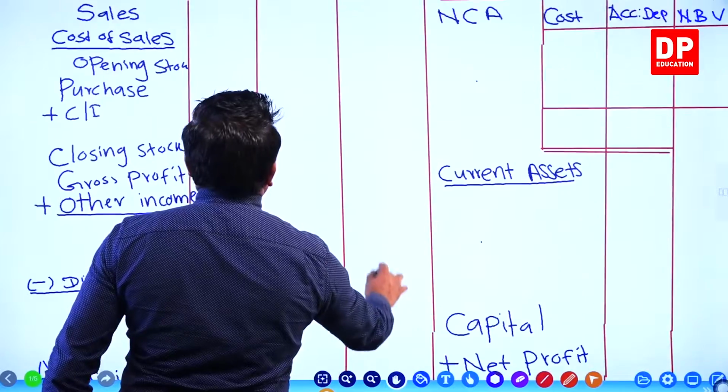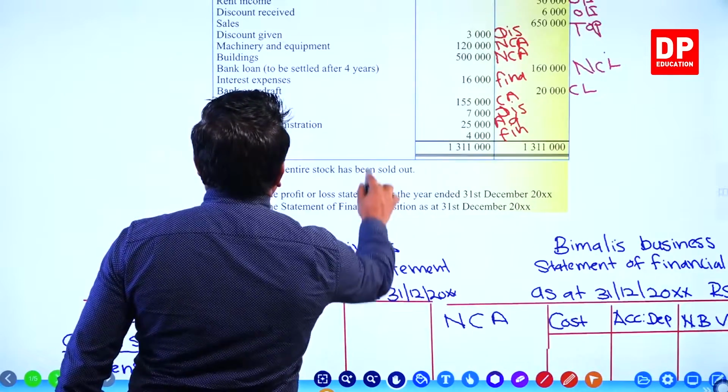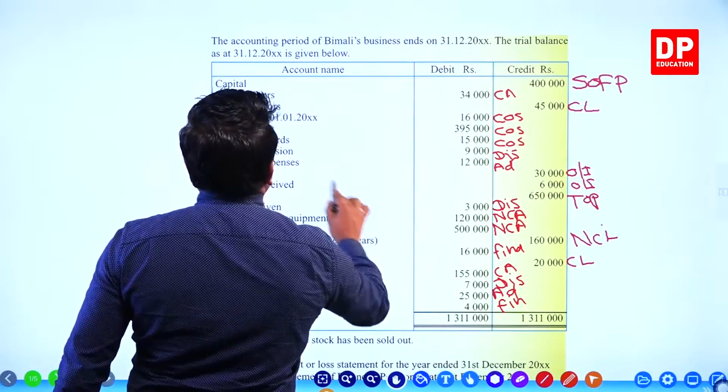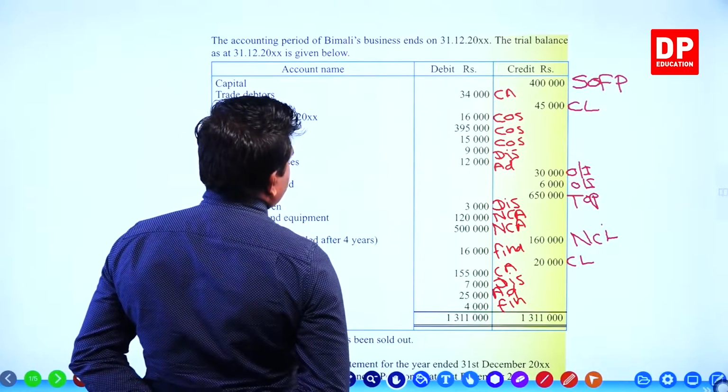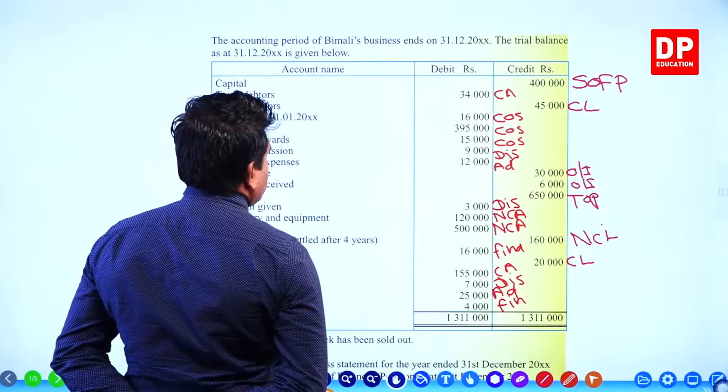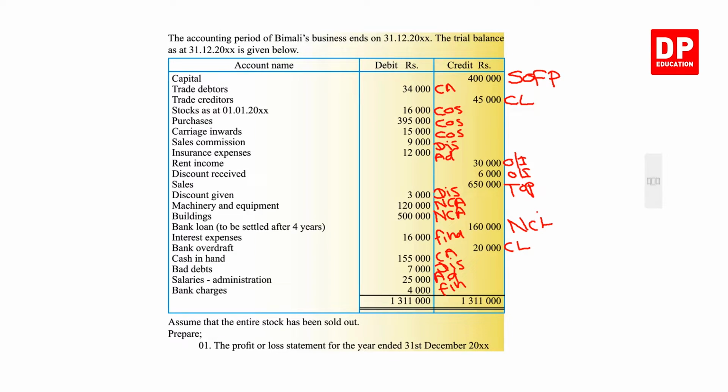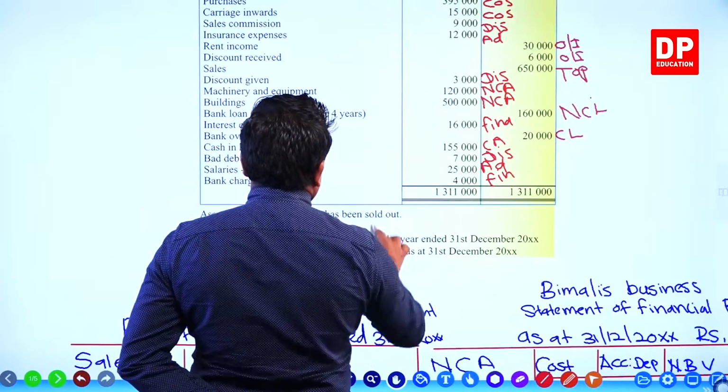What is the first detail? Capital 400,000, trade debtors 34,000. Both go to the statement of financial position.